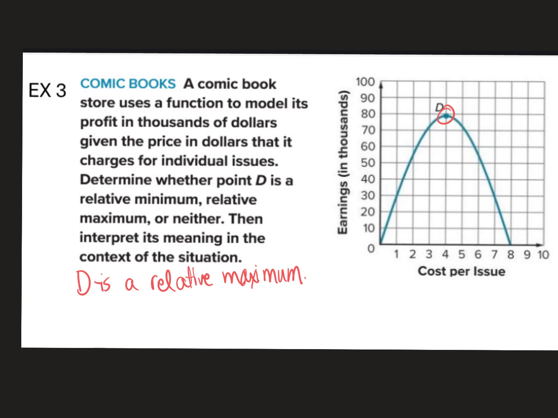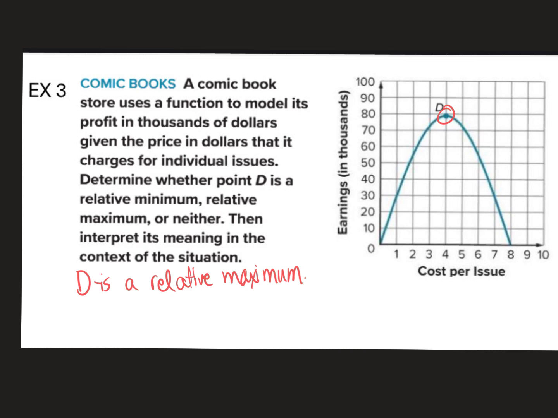And then it is showing me point D. If you look at this, your x-axis is your cost per issue. So we're looking at about a $4 cost per issue. And your y-axis is earnings in thousands of dollars. So at $4 cost per issue, the profit would be about $80,000. I don't think they want us to get that specific though.